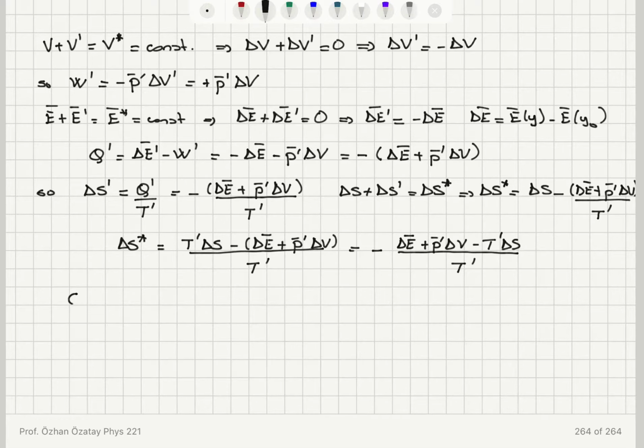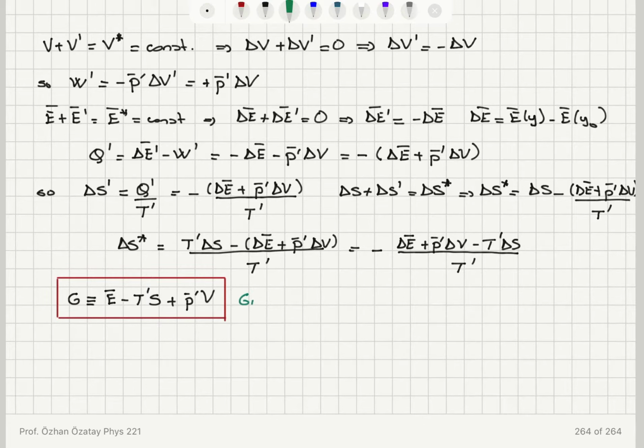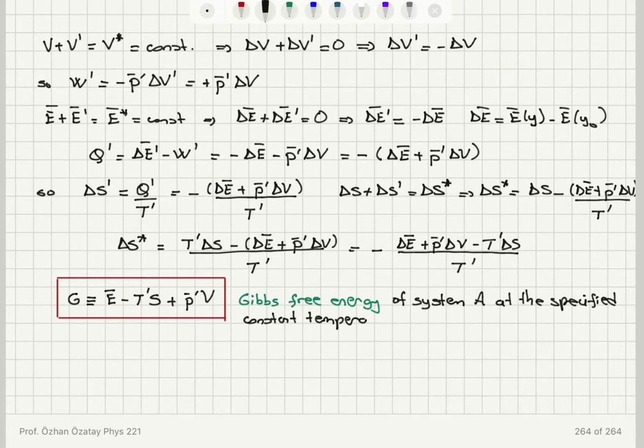And at this point we define G as E bar minus T prime S plus P prime V. So this is called the Gibbs free energy of system A at the specified constant temperature T prime and constant pressure P prime.